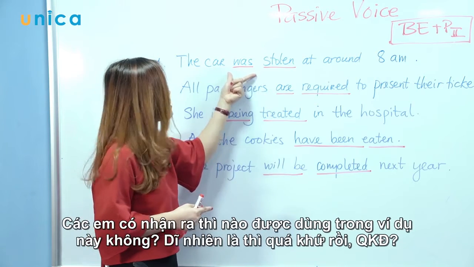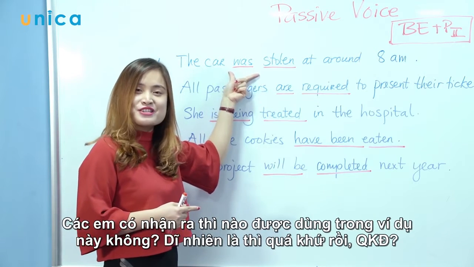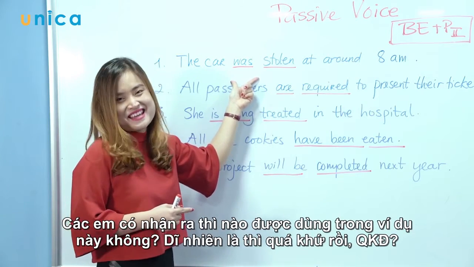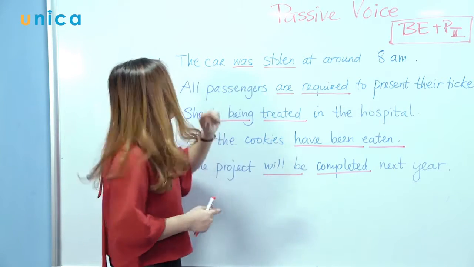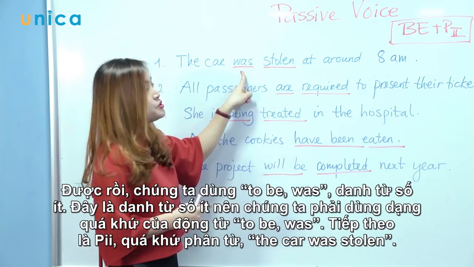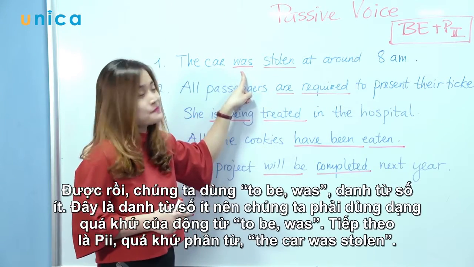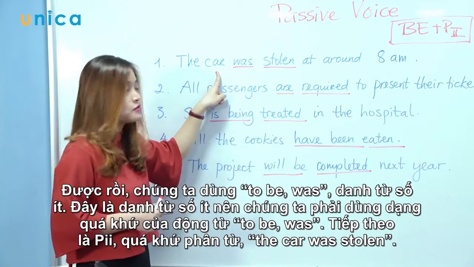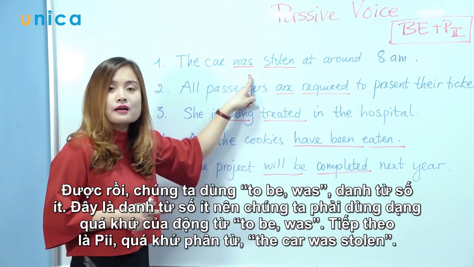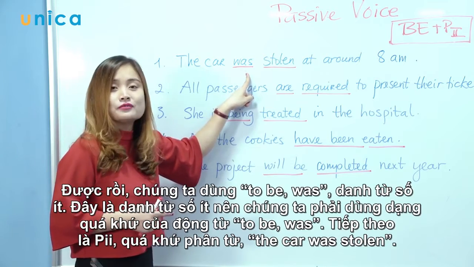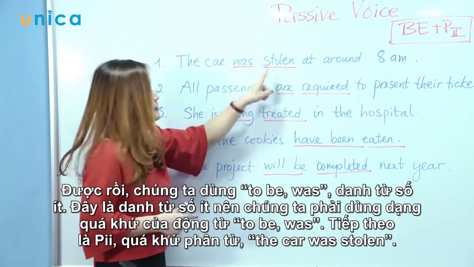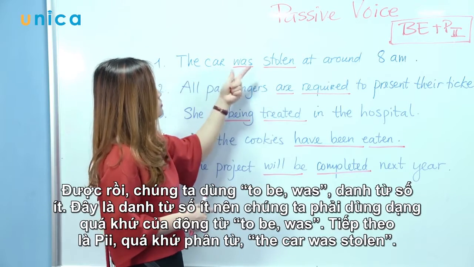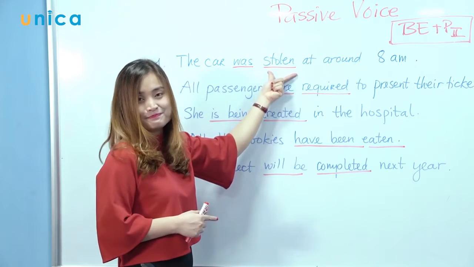Do you recognize which tense is used in this example? Of course, past tense. Simple past. So we have to use to be, was. This is a singular noun, so we have to use the past tense of the verb to be, was. And then P2, past participle. So the car was stolen.